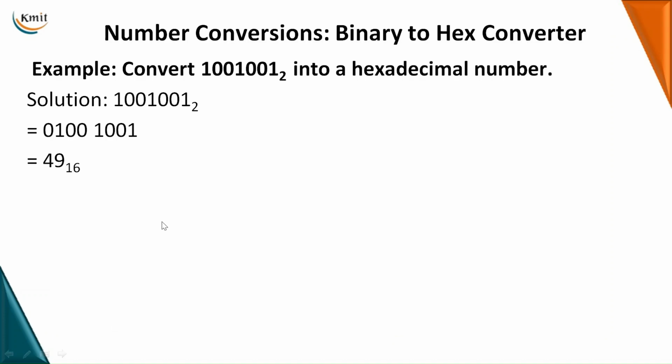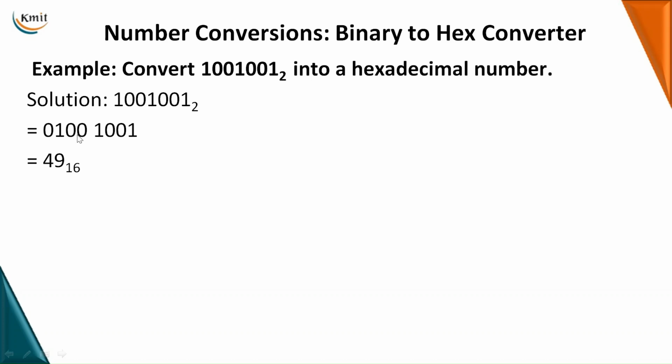So for example, you want to convert 1001001. But if you see here, there are only 7 bits. So I am adding one extra bit on this side so that the number becomes 01001001. Next I am grouping it into 4 bits each.